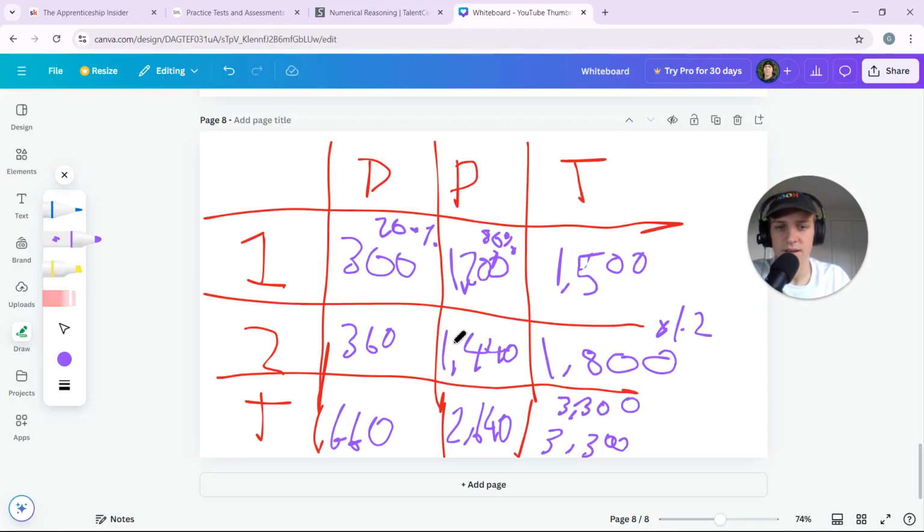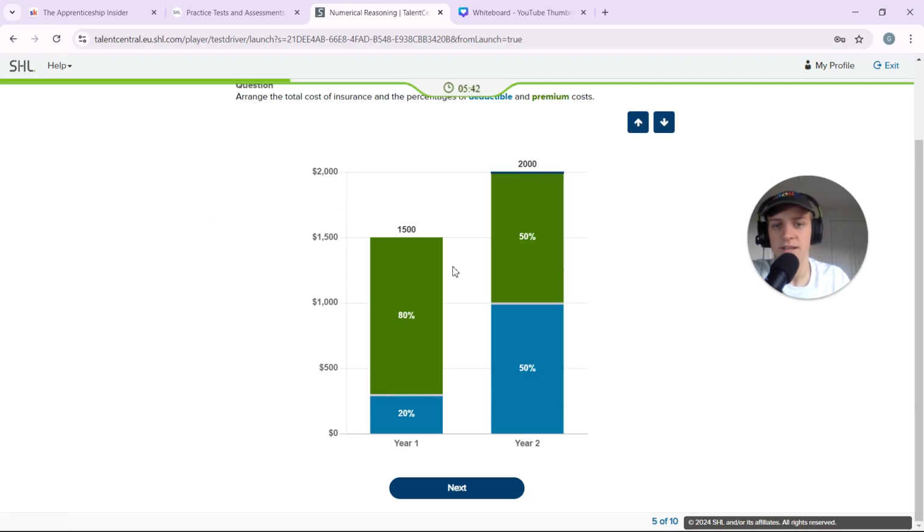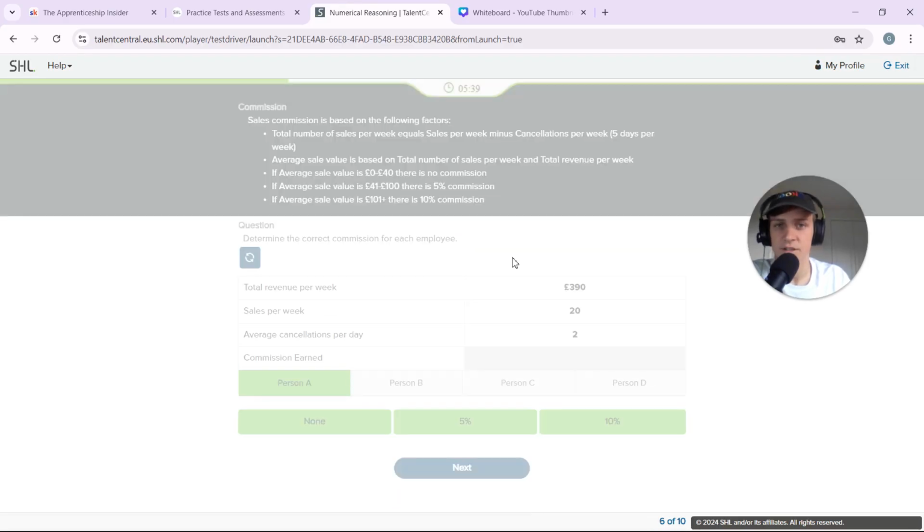Then this one you do the same thing, 360 over 1,800 times 100, work out what the percentage is, come and put it in, but let me just check one more time. Nope, it doesn't want to work for me. Okay, it doesn't want to let me do 1,800. Okay, fair enough. Let's move on to the next question then. But that's how you do it essentially.